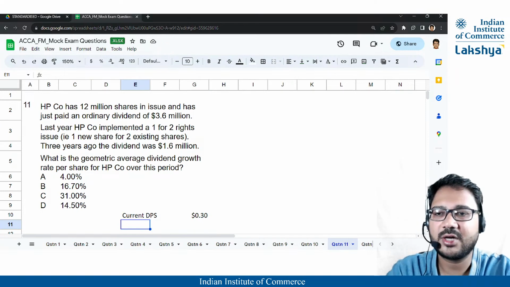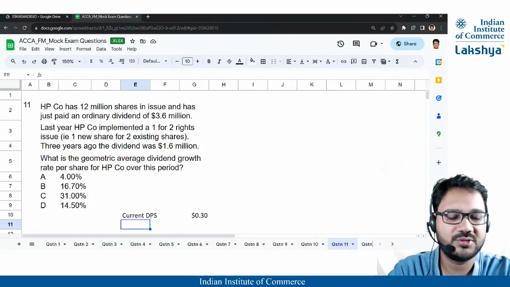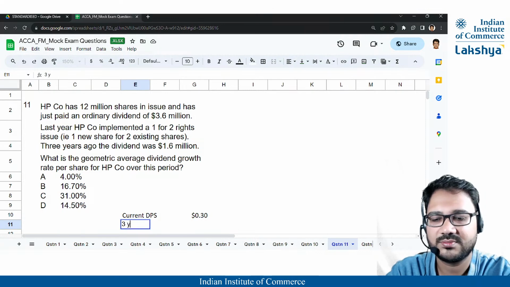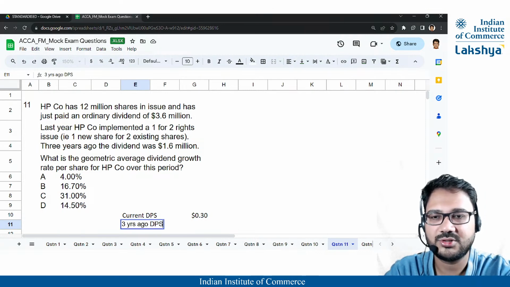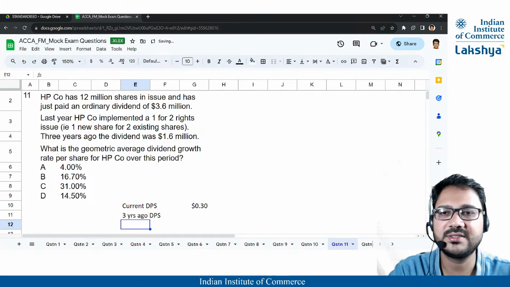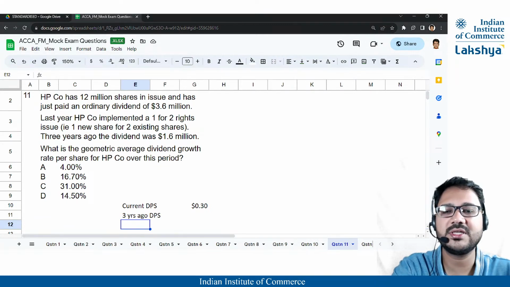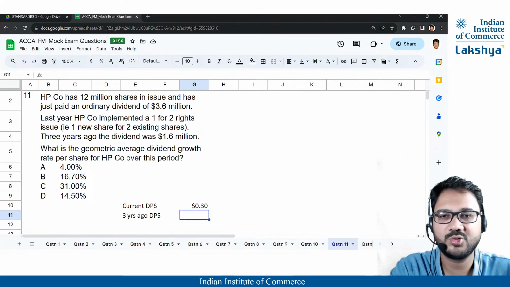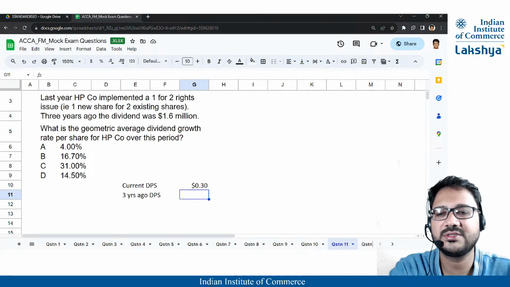And then how many years ago? 3 years ago. So 3 years ago, DPS is, now we don't know how many shares were issued 3 years ago. We just know how much the dividends are.